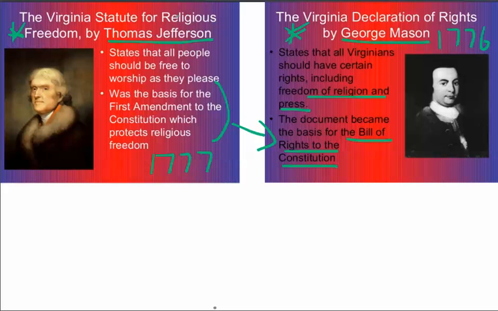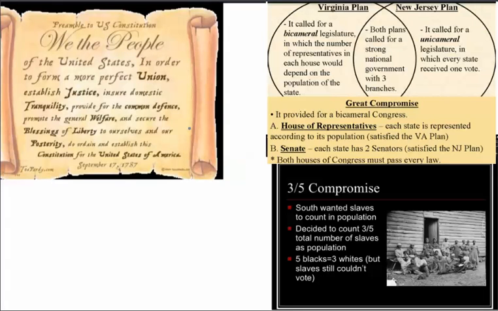Now let's jump ahead and look at the product of the Constitutional Convention and look at some of the compromises that the delegates there had to make in order to create our new system of government. This here on the left is the preamble to the Constitution.